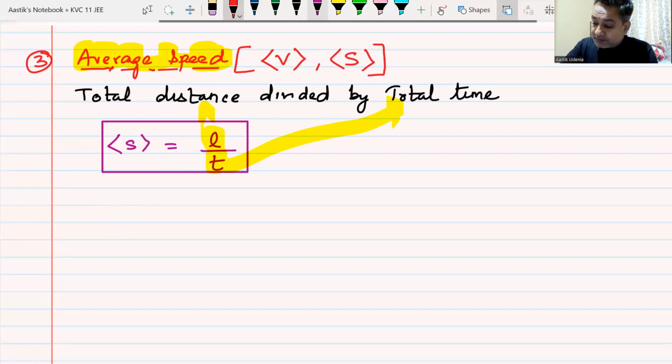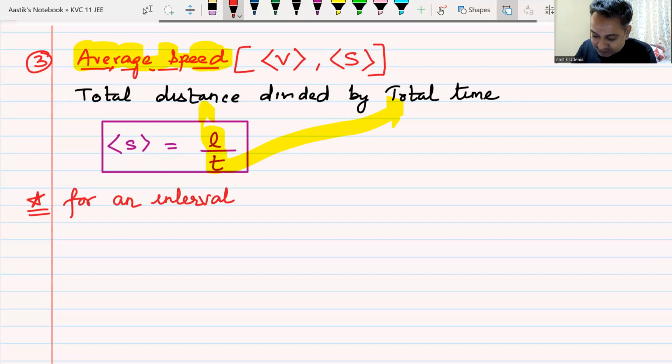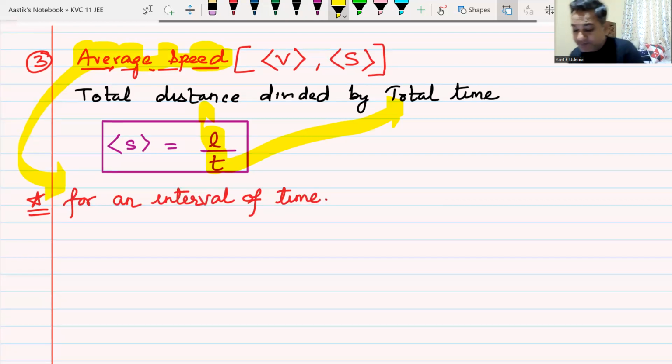An important aspect of this average speed is it is always calculated for an interval of time: from 1 second to 2 seconds, from 5 seconds to 10 seconds, from home to office, from home to school, from school to home, and so on. Do we understand this? Average speed is only calculated that way. Well done. Now we are picking up some speed.